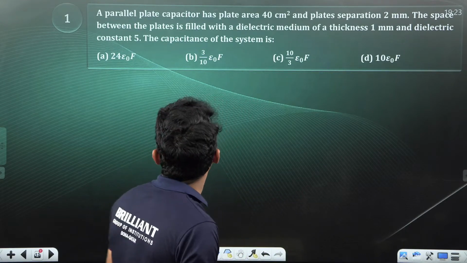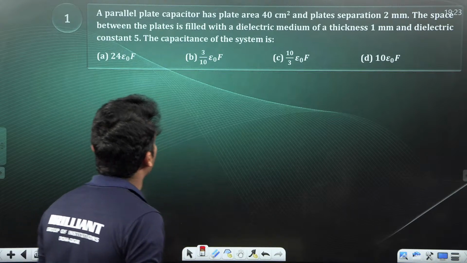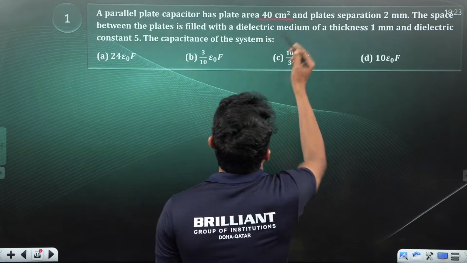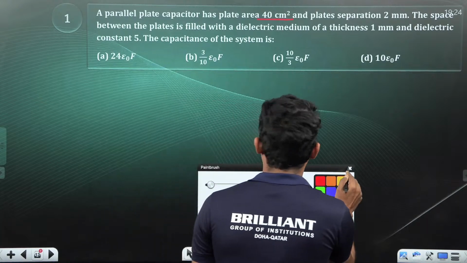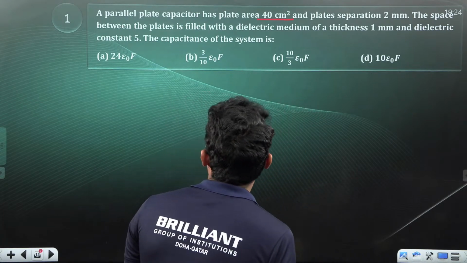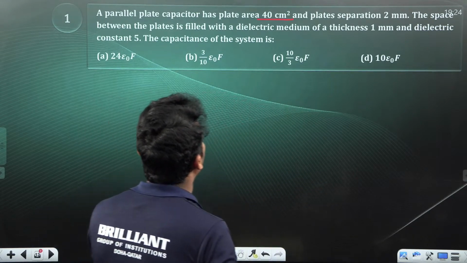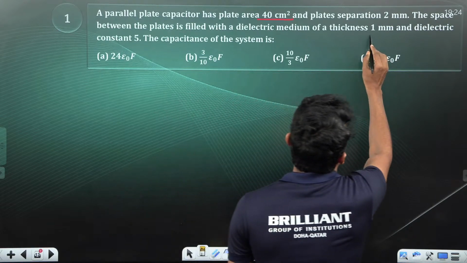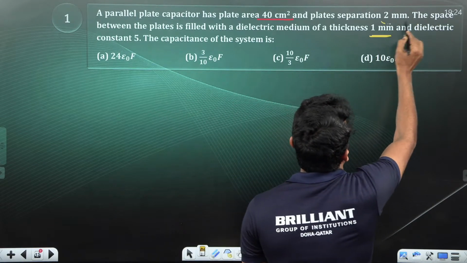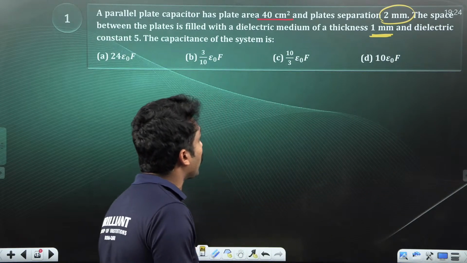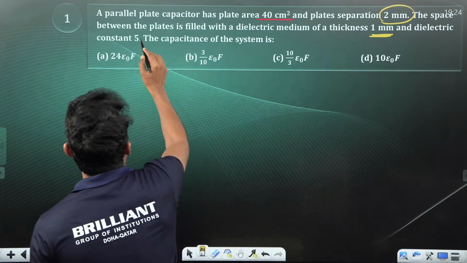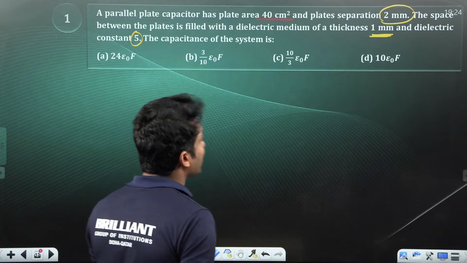Today we discuss the chapter electrostatics. The question is: a parallel plate capacitor has plate area 40 centimeter square and plate separation 2 millimeter. The space between the plates is filled with a dielectric medium of thickness 1 millimeter, and the dielectric constant is 5. What is the capacitance of the system?